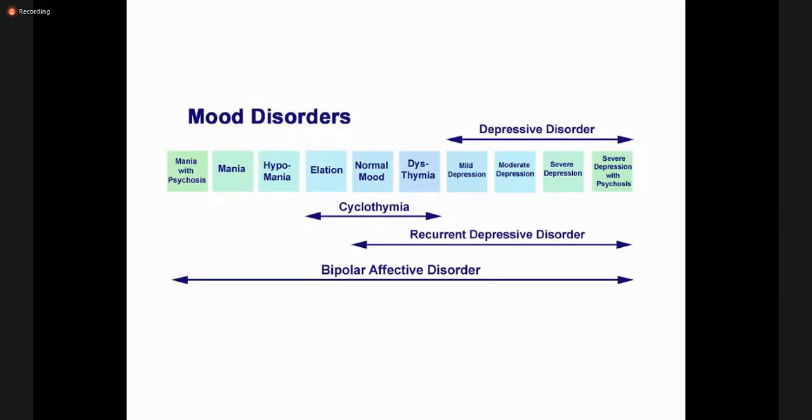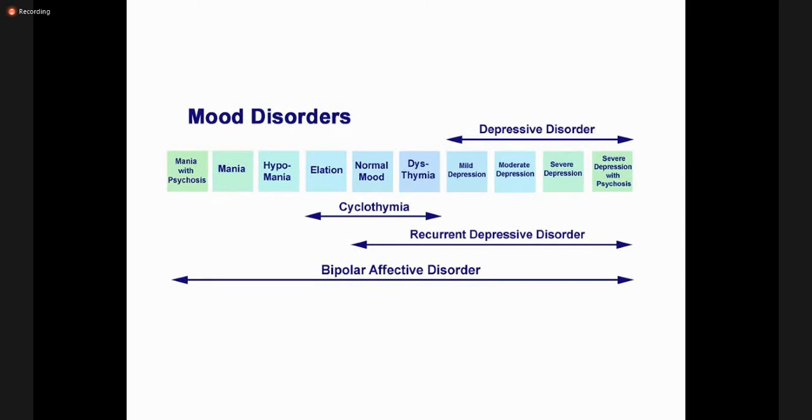And when mania is very severe, if you look towards the extreme left, it presents with psychosis. And also when depression is very severe on the right-hand side, it can present with psychosis, right? And in between, there is mania, hypomania, elation, normal mood, dysthymia, everything is included over here.